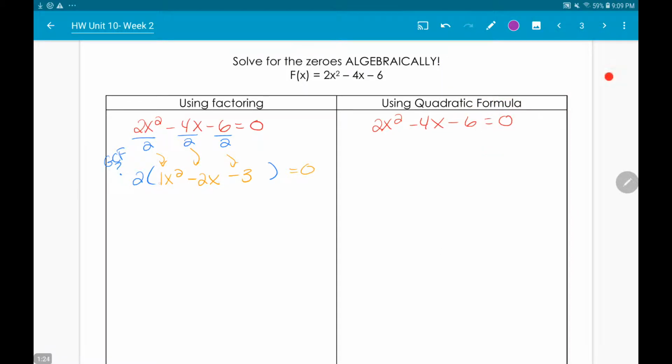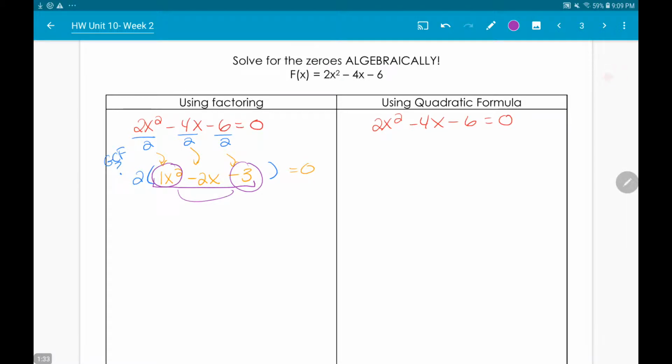All right, so now I look at the inside and I see it is a trinomial. So I'm going to go ahead and make a product sum.